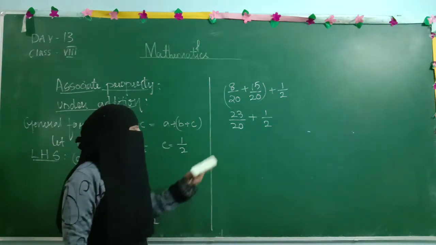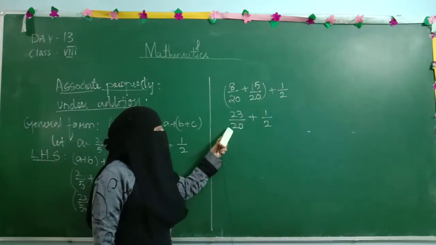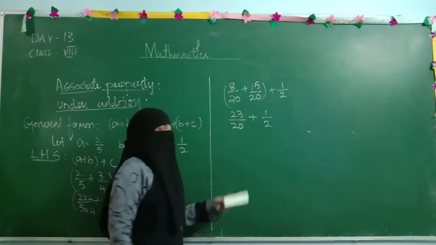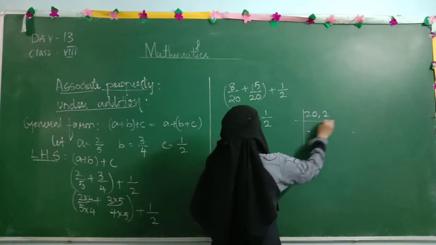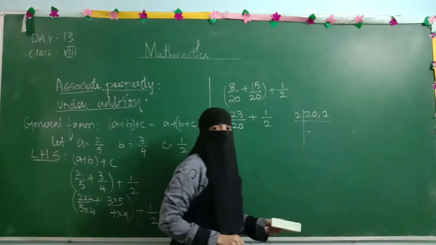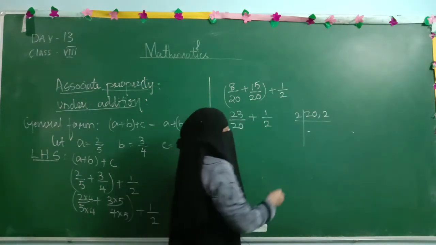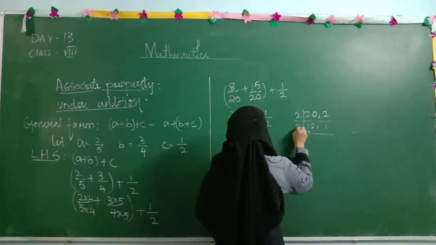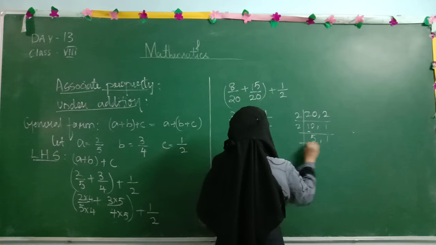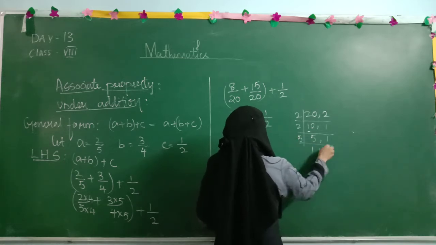So what you have observed here is that we have denominators 20 and 2. Again we need to take out the LCM of 20 and 2. By taking the prime numbers we are going to do this. 2 times 10 is 20, 2 ones, then 2 fives, 1 as it is, then 5 ones, 1 as it is.